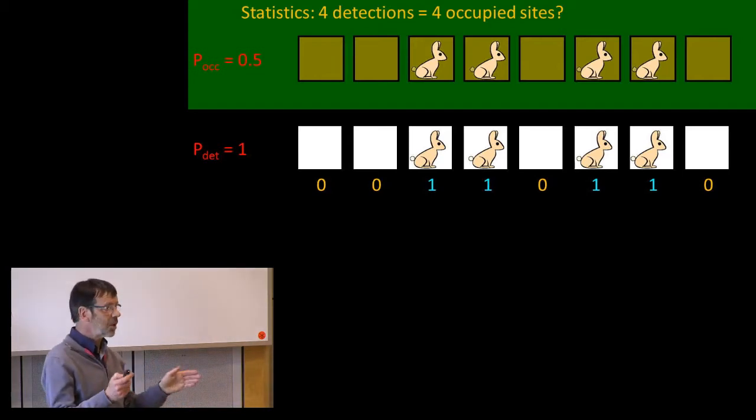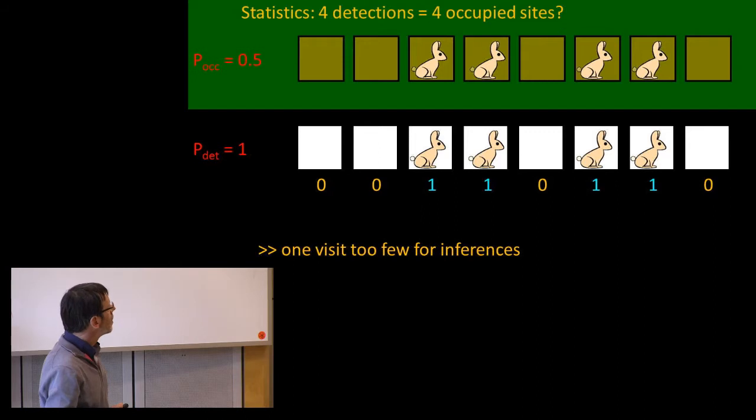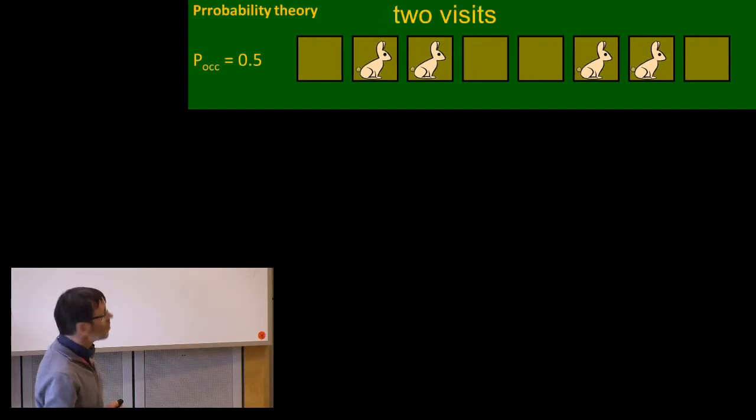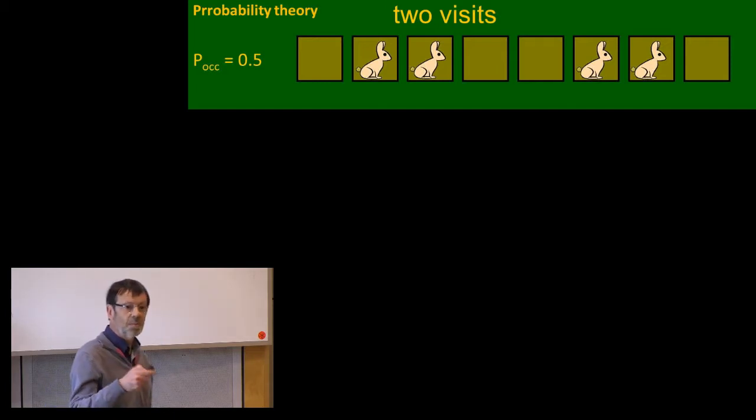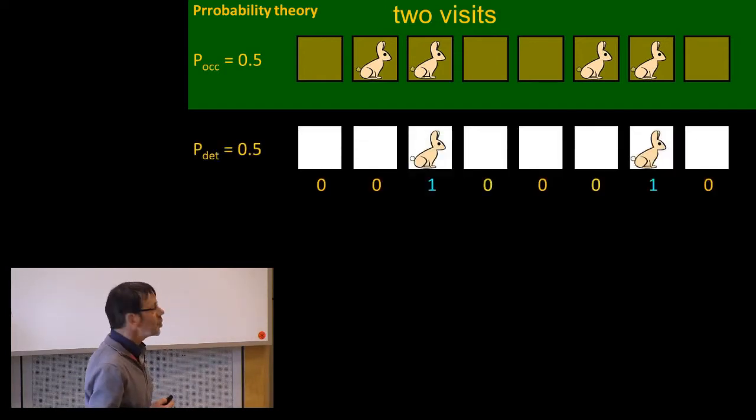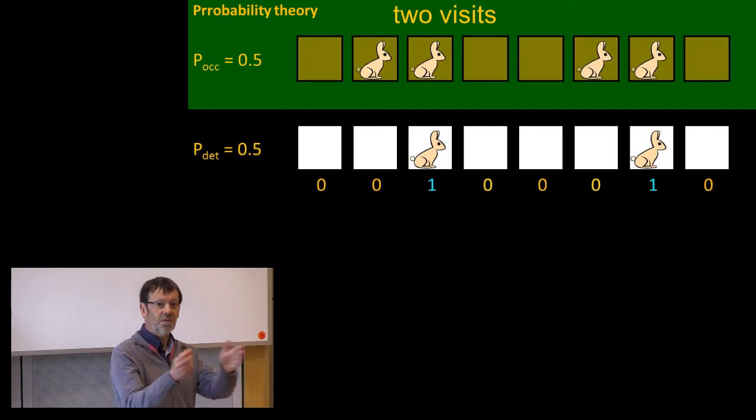So that's why you need at least 2 visits. Temporal replicates, that's a key word in occupancy modeling, and this is the reason. You need these to separate detection from occupancy.